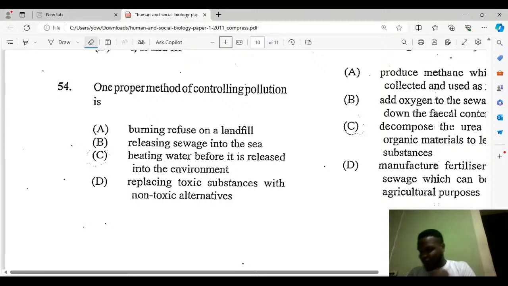What is 54? I'm seeing D for 54. I'm seeing a lot of D's for 54. Indeed. D. Who heats water before releasing it into the environment? That's a whole heap of time. Enough time. So I'm leaning to D. Moving on.